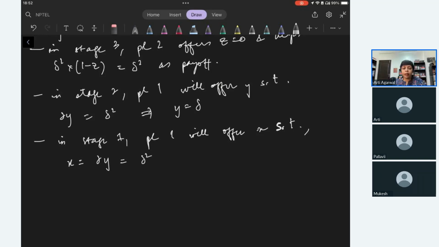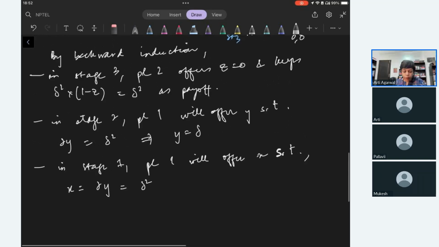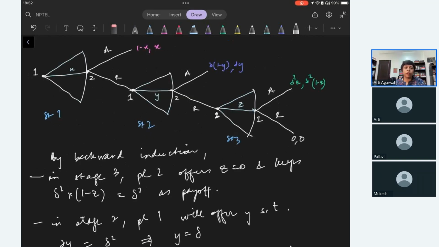So in stage 1 itself, player 1 is going to offer delta square so that player 2 accepts in the first stage and both get a payoff of 1 minus delta square and delta square. And of course, then the game does not need to proceed to the next two stages.